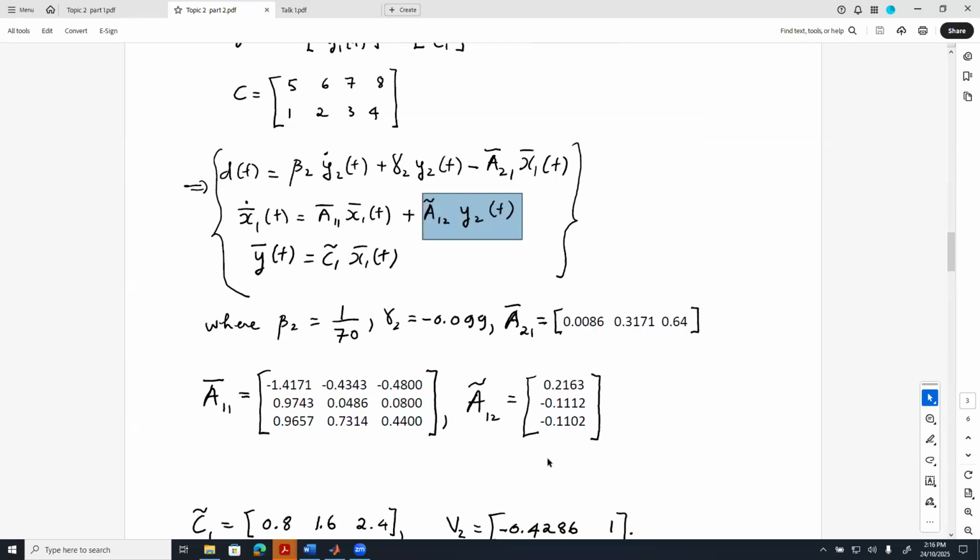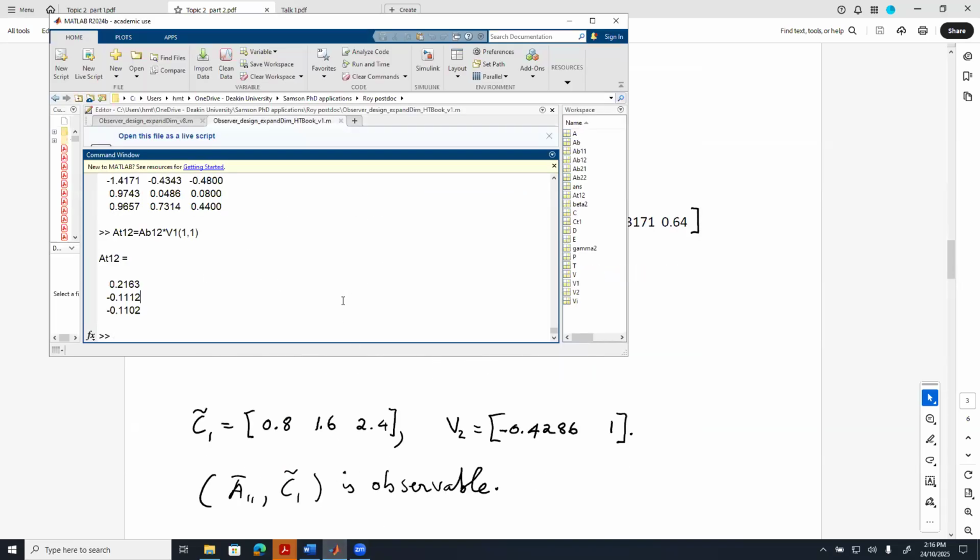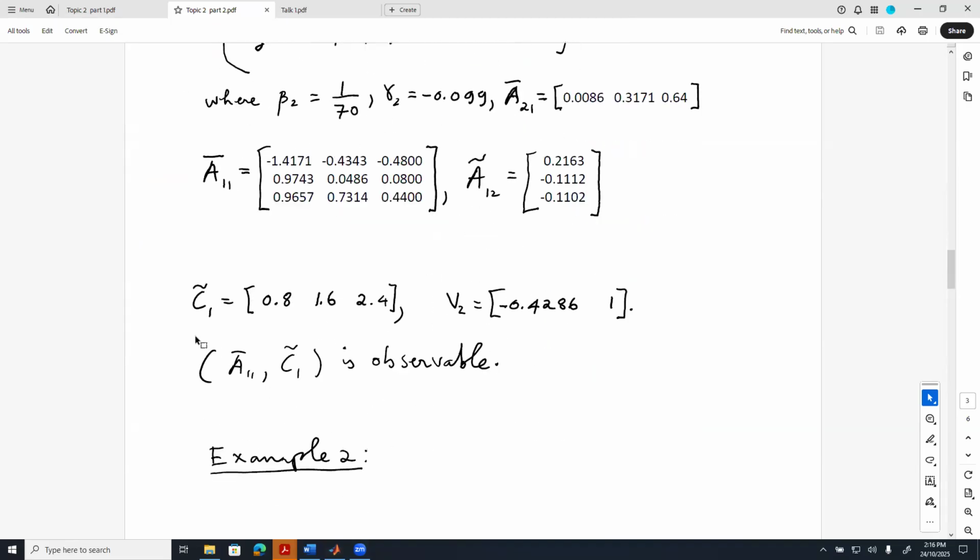All right, and what else? We also obtain the matrix C tilde 1, which is V2CE, and this is given below. And also, by the way, the pair is also observable.